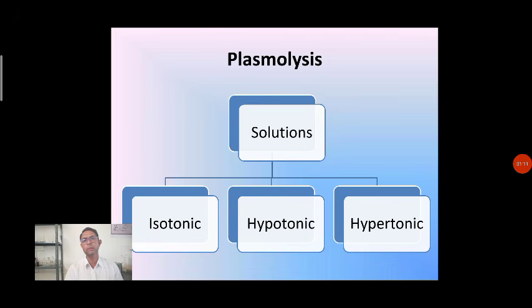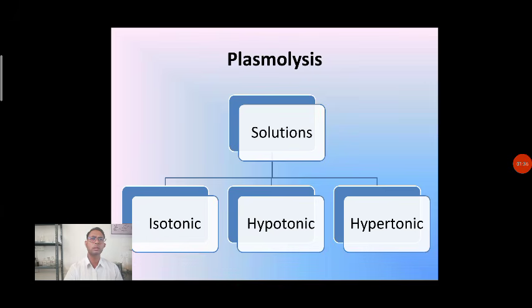Now, as we know, there are different types of solutions available for living organisms. For example, a solution having a pH more than 7, sometimes a solution having a pH less than 7, and sometimes a neutral solution.